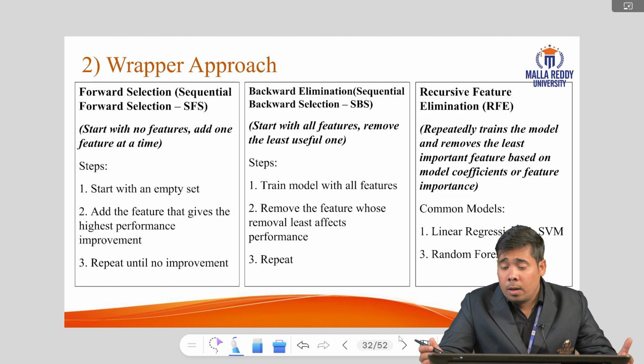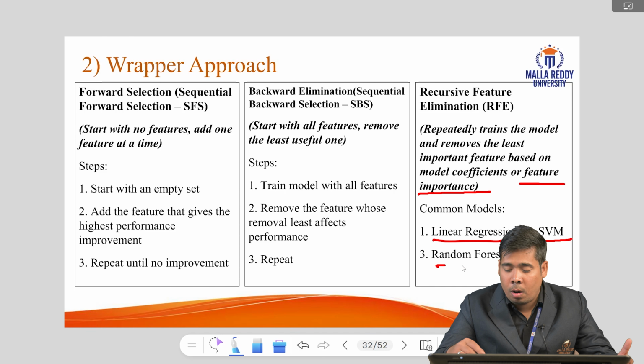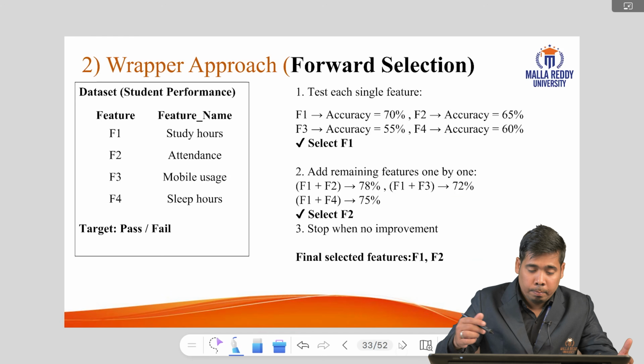In recursive feature elimination, we repeatedly train the model and remove the least important feature based on model coefficients or feature importance. The common models we can use in these techniques are linear regression, SVM, or random forest, in order to find the coefficients or feature importance.